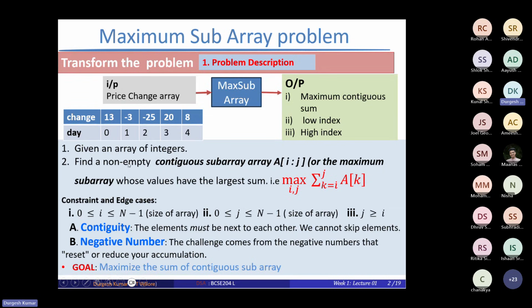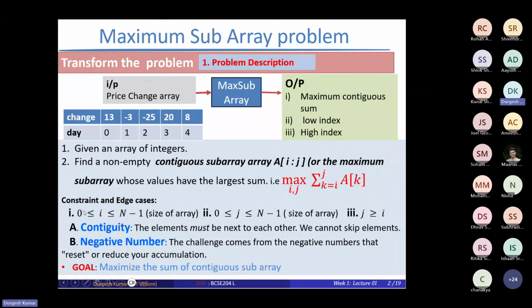Given an array of integers, find a non-empty contiguous subarray a[i..j], the maximum subarray whose values have the largest sum, max of a_k where k varies from i to j. Over all such possible i, j, give the maximum contiguous subarray.